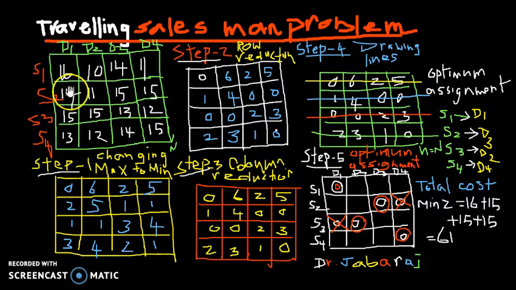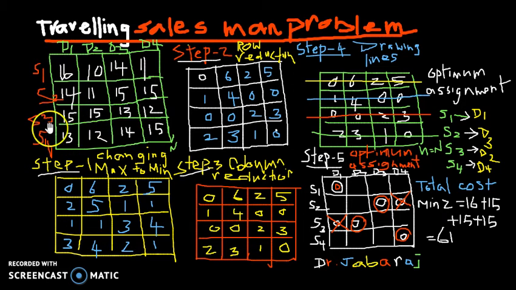According to this method, we have to make this maximization problem a minimization problem. How do we do that? In this particular matrix, we have to identify the maximum number.